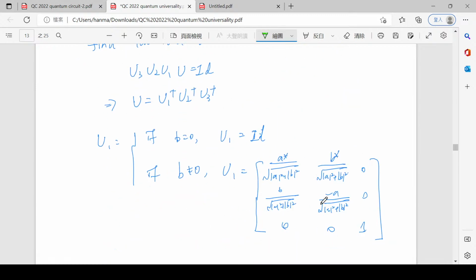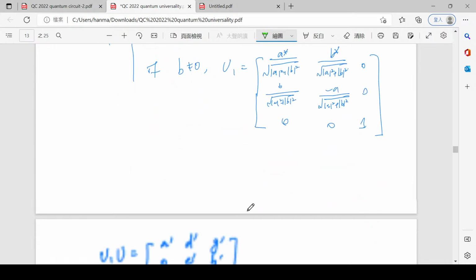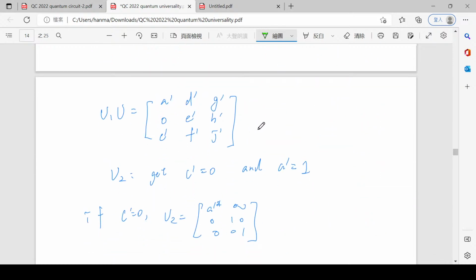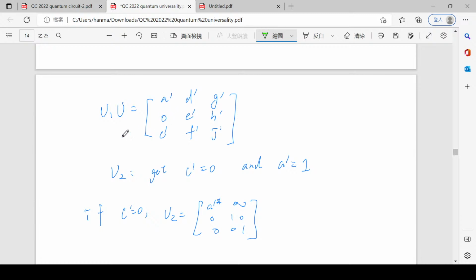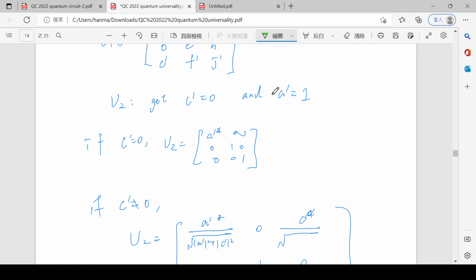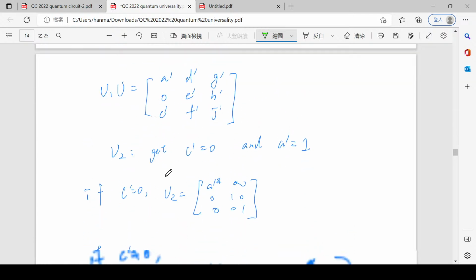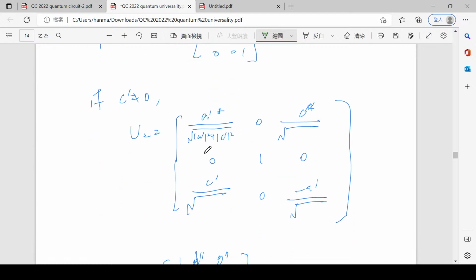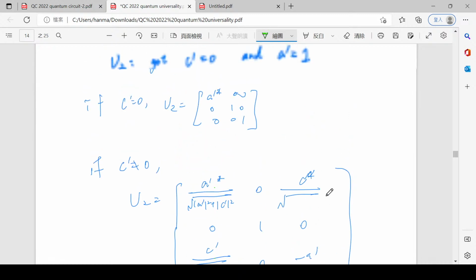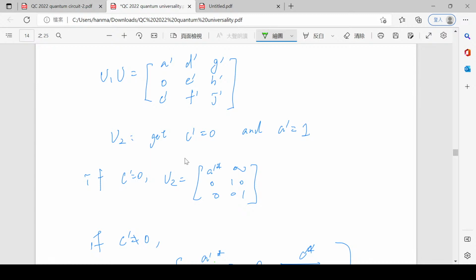Then you have your U1 acting on your first two, and you set up the numbers so that this entry becomes 0, and then you do a similar thing. You set up your U2, and there will be these two levels, and you will make this entry equal to 0.